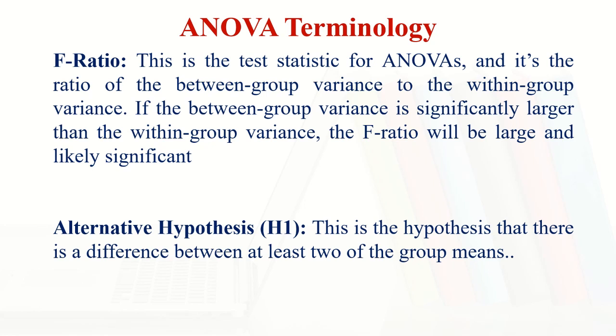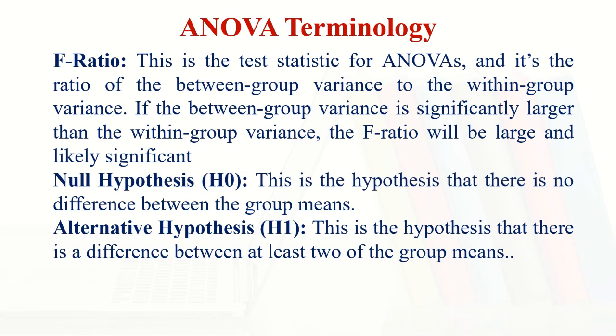When my assumption is rejected, it means this is the non-null hypothesis, which is known as alternative hypothesis, H1. So H1 is a hypothesis that there is a difference between at least two of the group means. Yes, there is the difference.